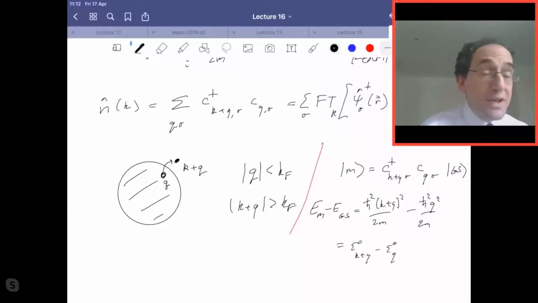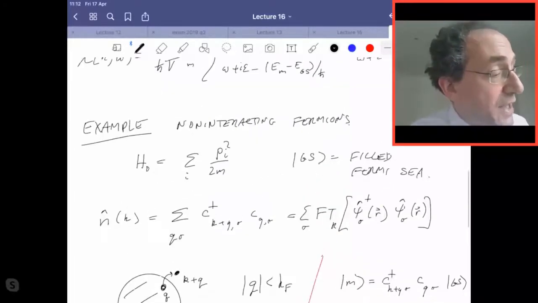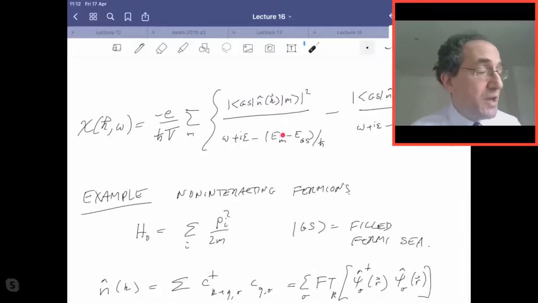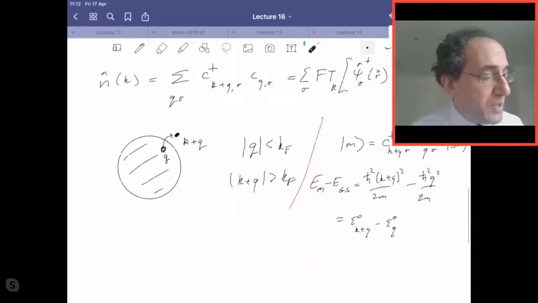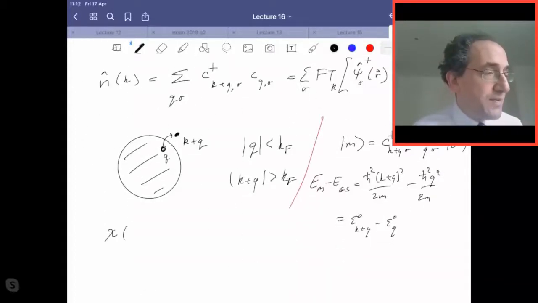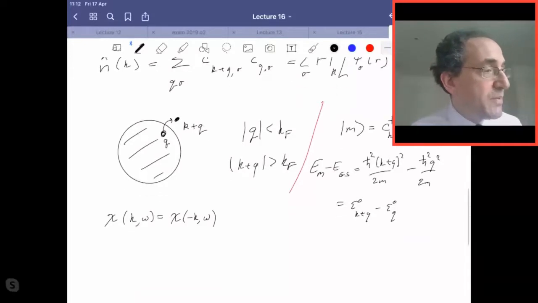So that now gives us all the information we need. We know what these energy differences are, we know what these matrix elements are, we know which excited states m we can get to. So putting that all together, and I think we also use the fact that chi of k, omega has to equal chi of minus k, omega by rotational symmetry of the system.